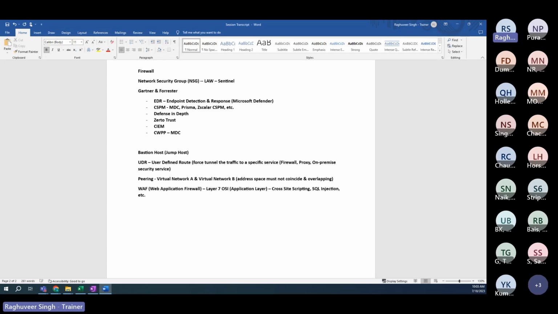In Azure, web application firewall is not a separate service. It is part of a type of load balancer, which is application gateway. So Azure has multiple load balancing services. Azure has Azure load balancer, which is both public and internal, application gateway, you have front door, and you have traffic manager.